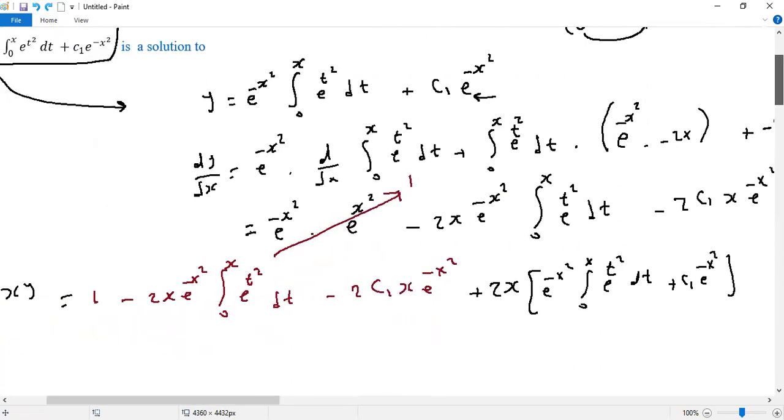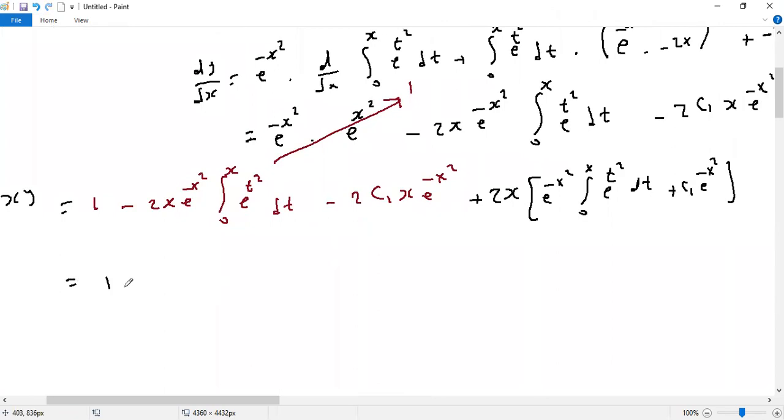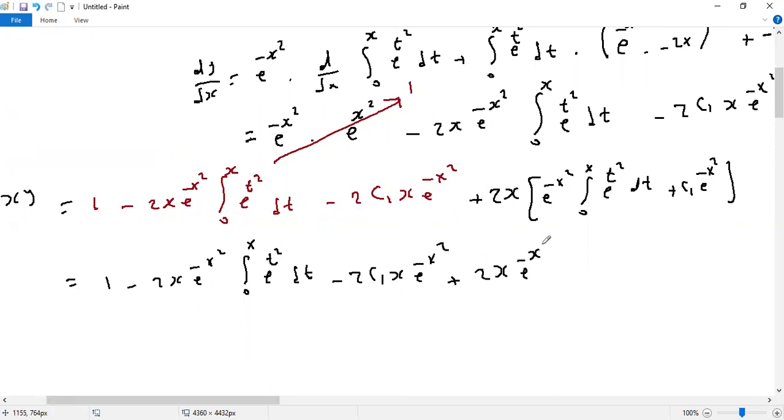It equals 1 minus 2x e to the minus x squared times the integral from 0 to x of e to the t squared dt, minus 2c1x e to the minus x squared, and the multiplication here, plus 2x e to the minus x squared times the integral from 0 to x of e to the t squared dt, and 2x multiplied by c1, so plus 2c1 x e to the minus x squared.